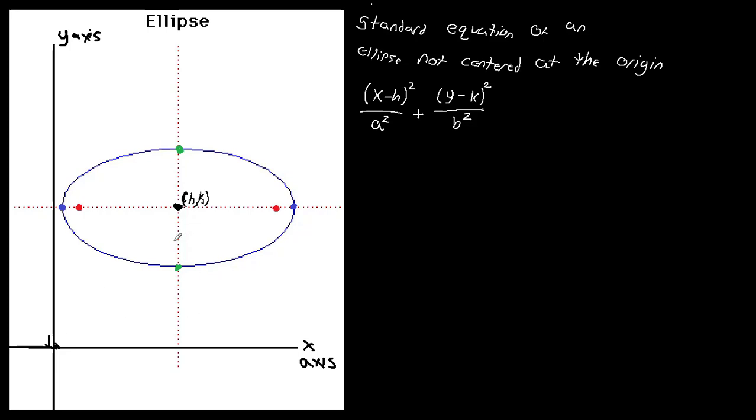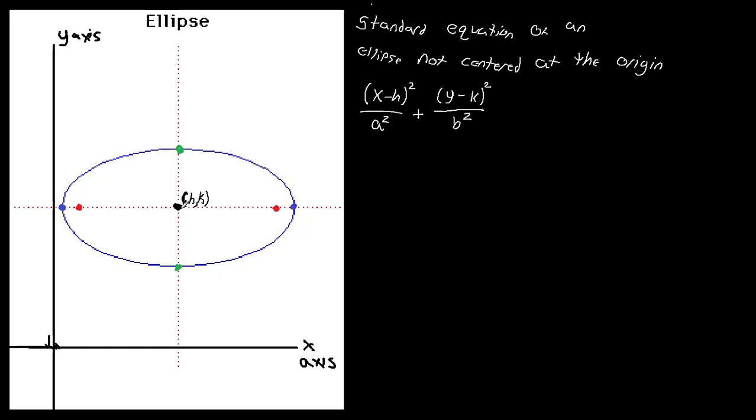We've just shifted everything over and up by h and k. But what we have changed is the coordinates of the vertices and co-vertices. Just like the coordinate of the center is different, the coordinate of the vertex is different. And I want to talk about what that means.